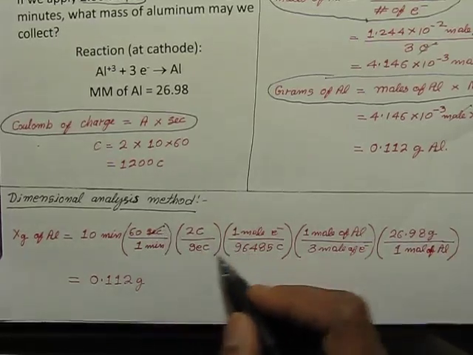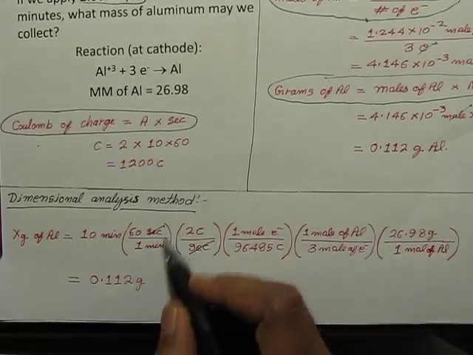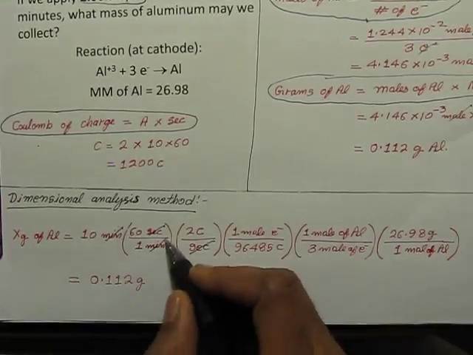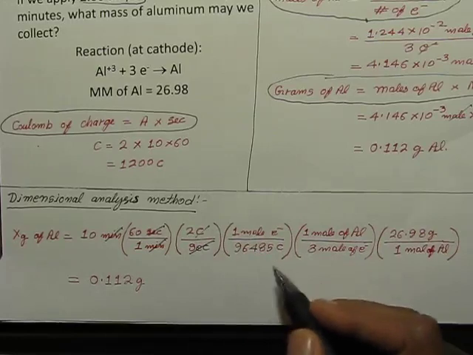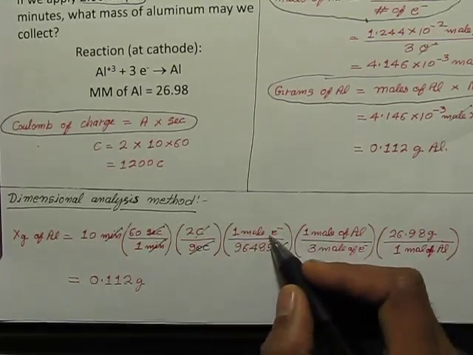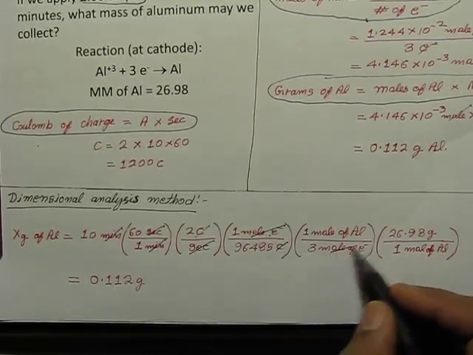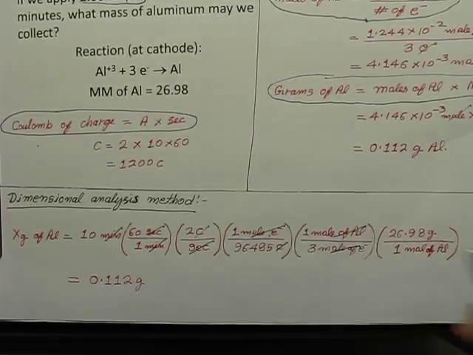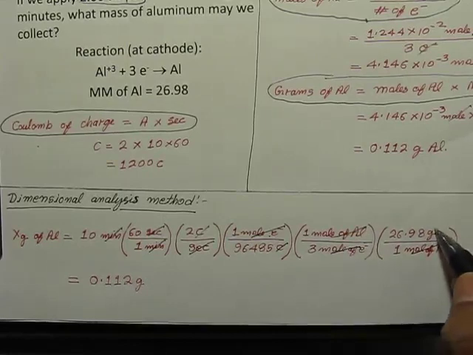If you cancel all the common units, coulomb will be cancelled here, moles of electron will be cancelled out, and aluminum mole will be cancelled out, so only grams will remain.